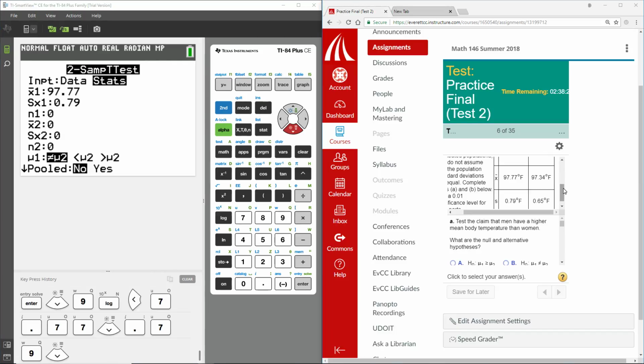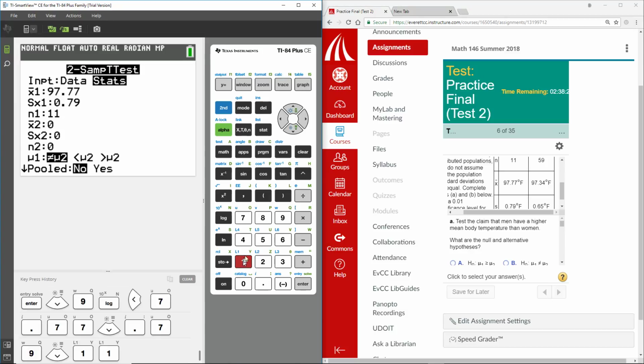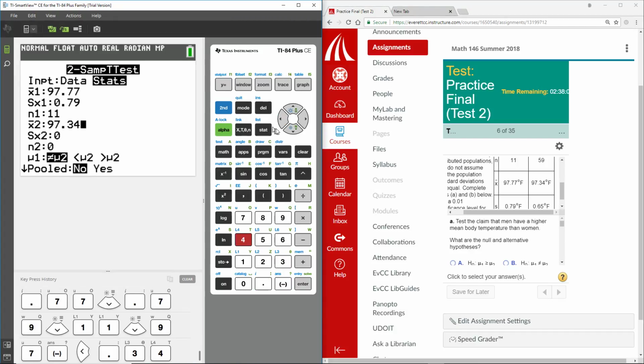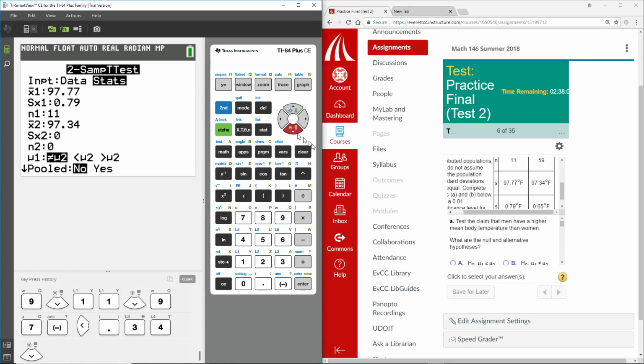And the sample size is 11. The next thing I've got to do is put in the second sample. So the mean of the second sample is 97.34, my standard deviation is 0.65, and the sample size there is 59.